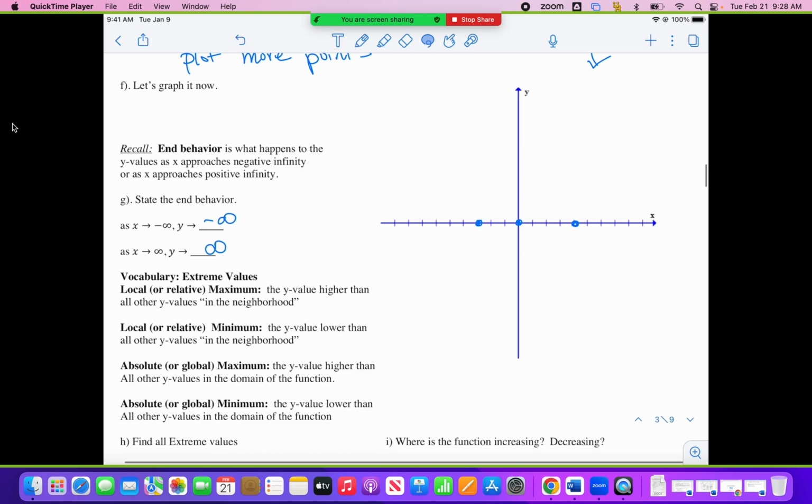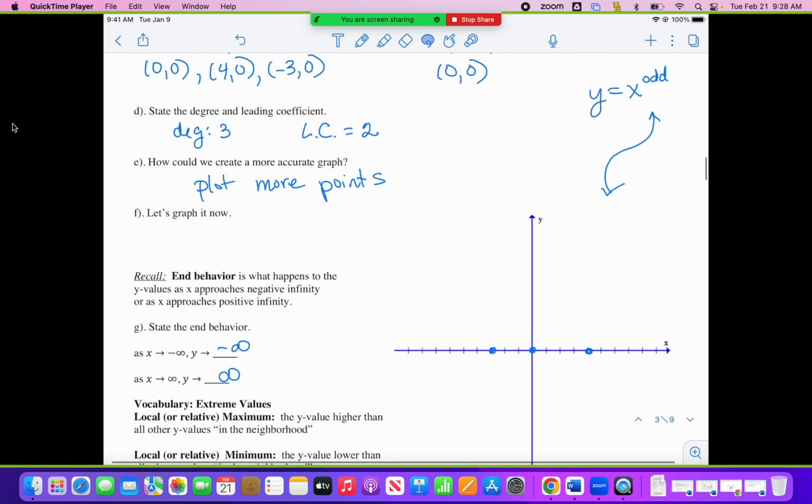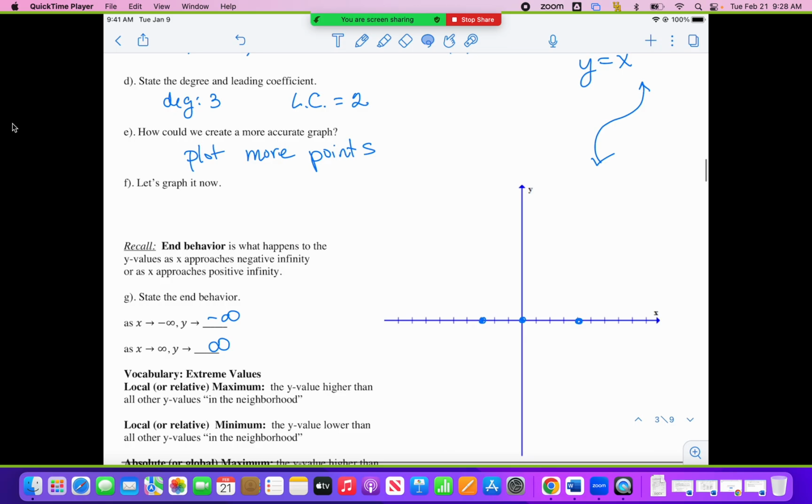And then you have what's called absolute, or global maximum, which is the highest over the entire graph. This graph is not going to have an absolute max because it goes to infinity, and it won't have an absolute min because it shoots to -infinity. But it might have what we call a local or relative max.